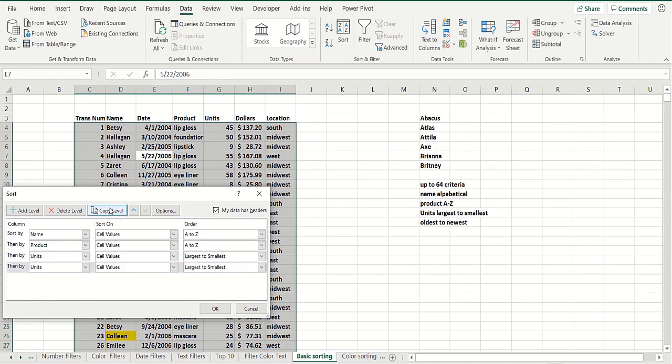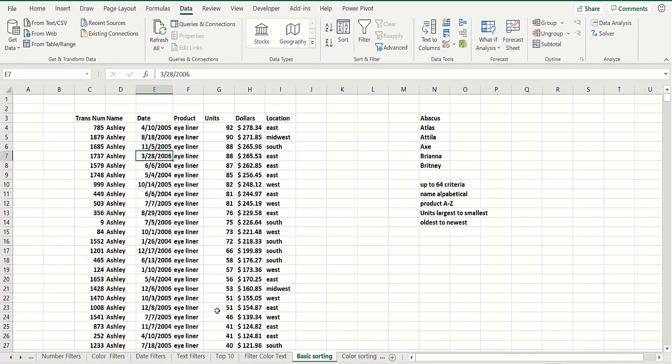Copy Level, and then we'll go Date. We want oldest to newest, I guess I said, so it'd be chronological order. And so then we can see what we get there. We could keep going on more criteria, but that's pretty good.